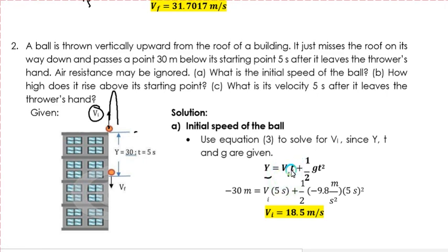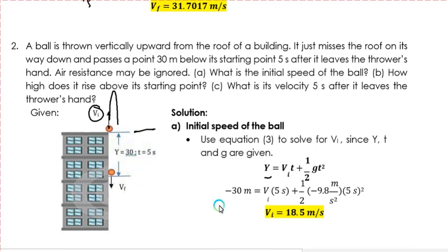Then we are also given the value of t. Then we have 1/2 g t squared. So gravity is given, so we can get the value of Vi since the time is given. So if we substitute, since the starting point is our reference point, everything going downward will be negative.